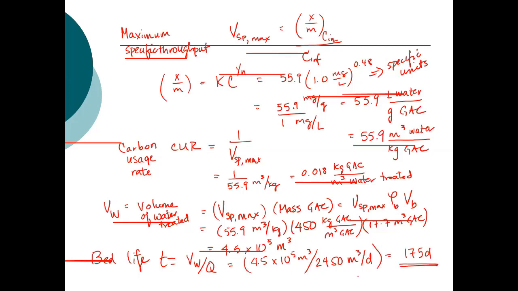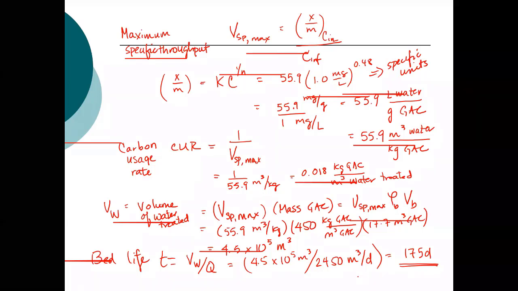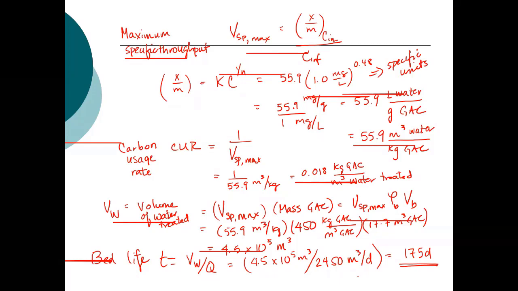At least every 175 days, we would need to regenerate or replace the carbon. This assumes no competition. If we had competition between the microcystin and other contaminants, how would all this be affected? Would your bed life go down? Your bed life would go down dramatically.